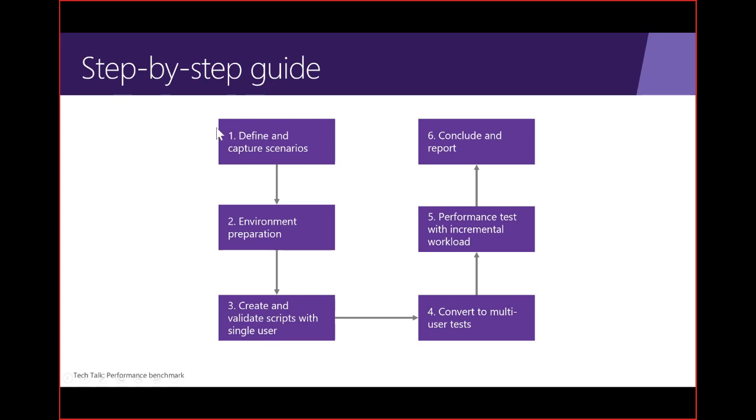So the first step is to define and capture your scenario. Normally, you need to work with your business users and capture the scenario with a task recorder step by step.